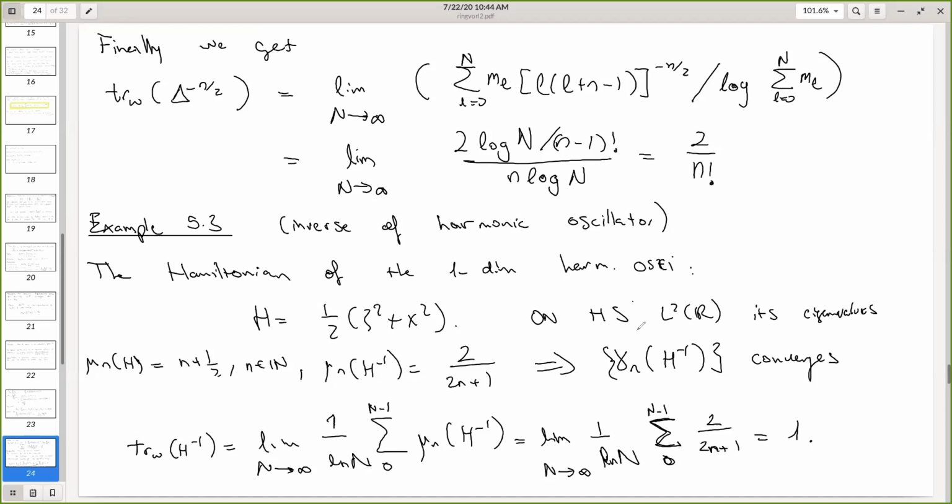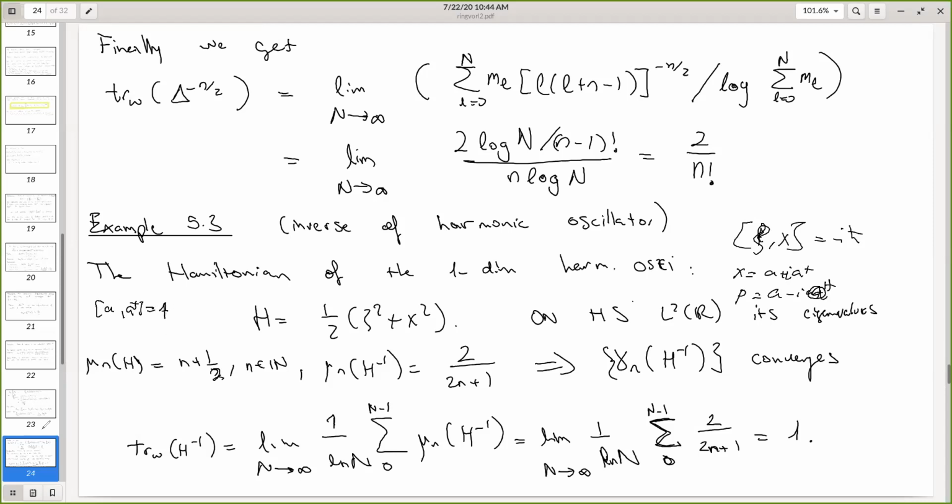And in one dimension on the Hilbert space L2 of R, all real functions that are square integrable, its eigenvalues are basically n plus 1/2. You can see that because p and x are related, and the way you can solve it, which is pretty nice, is you define x to be a plus a dagger, and p to be i times a minus a dagger, and the commutator of a and a dagger is equal to 1.